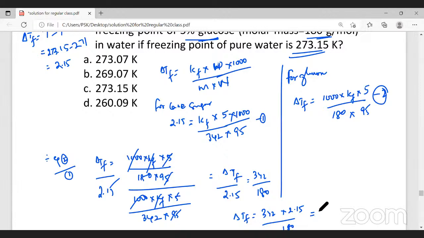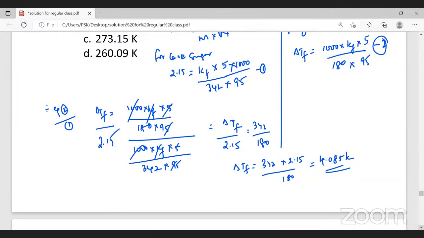On simplification, you will get 4.085 Kelvin. So delta TF for glucose is 4.085 Kelvin. So what's the freezing point of the glucose solution?